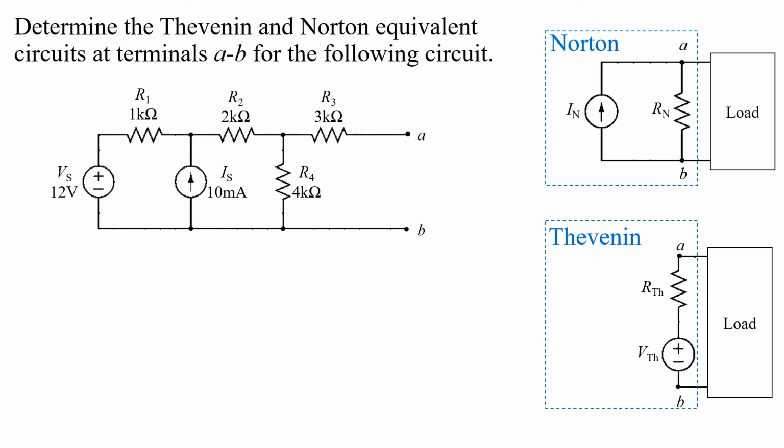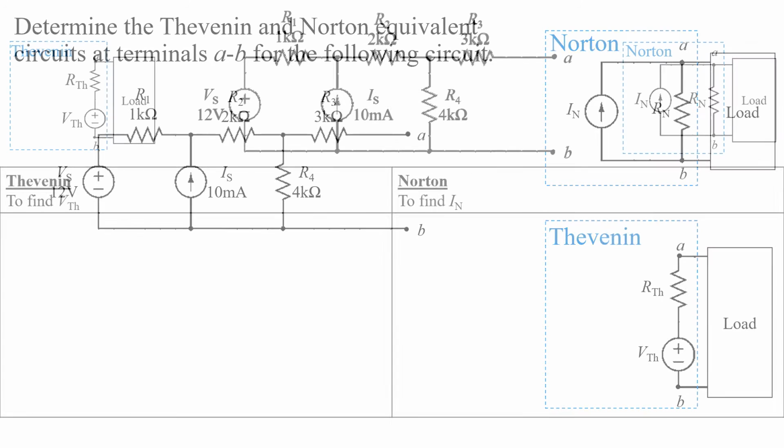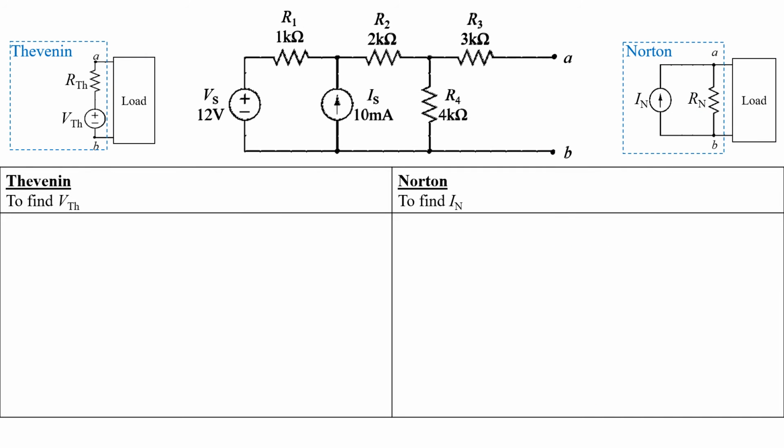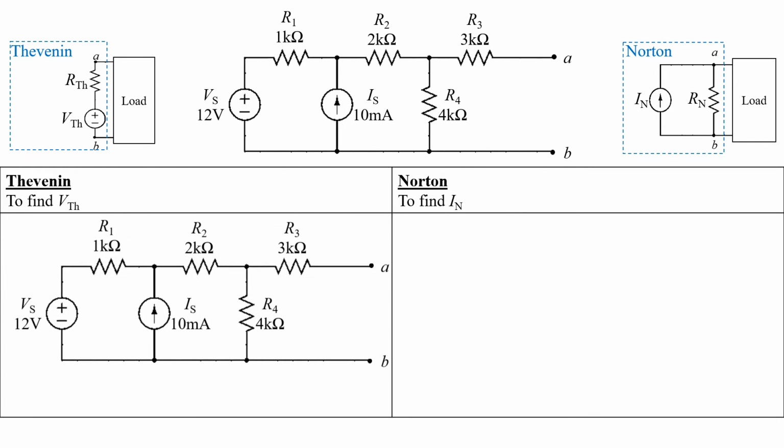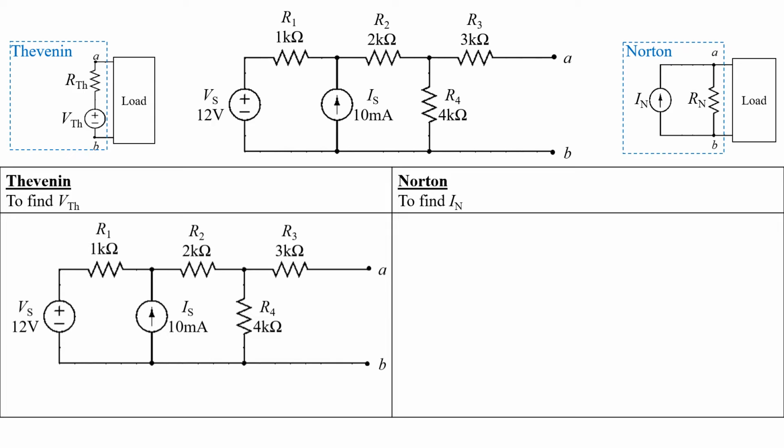Let's determine the Thevenin and Norton equivalent circuits at terminals A to B for this circuit. To find the Thevenin voltage VTH, we copy the original circuit and find the open circuit voltage VOC at terminals A to B, where the Thevenin voltage VTH will be equal to this open circuit voltage VOC.